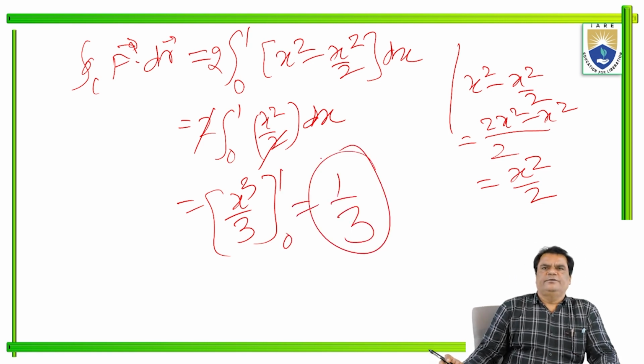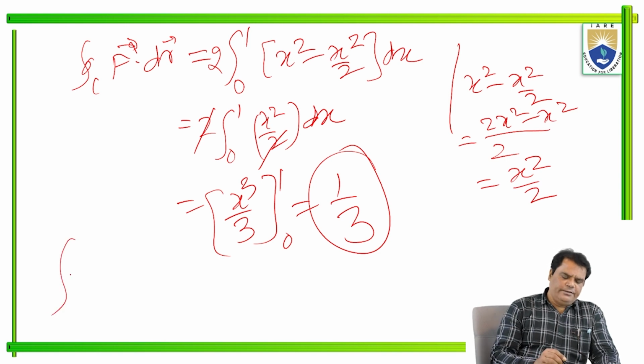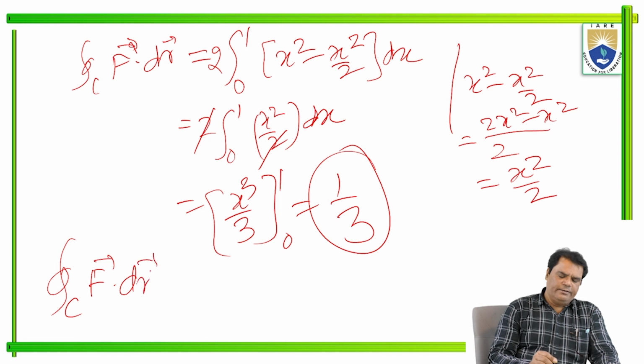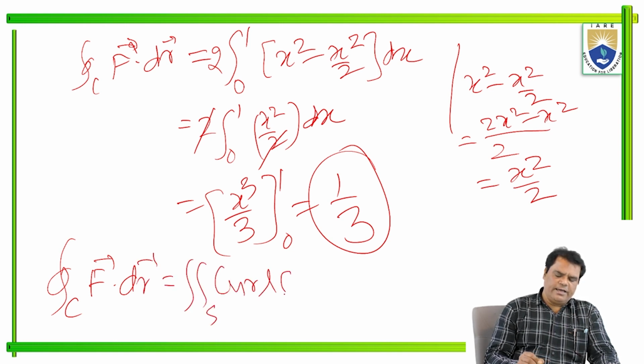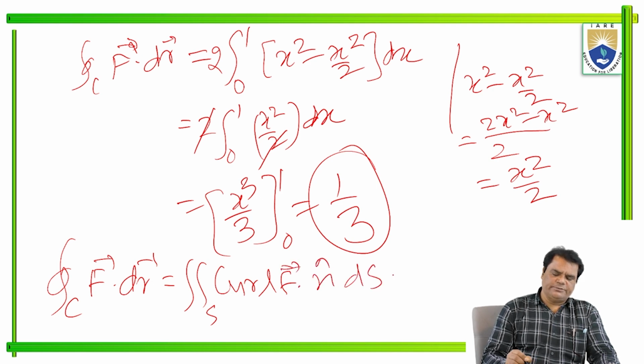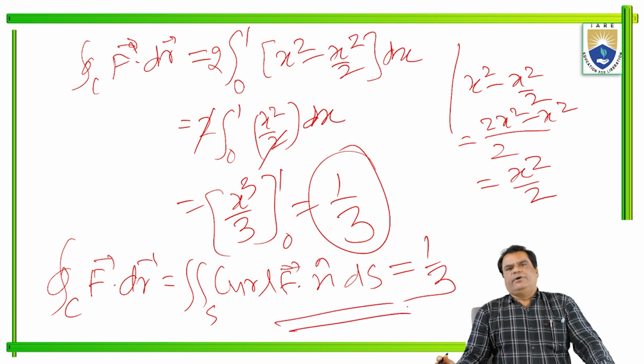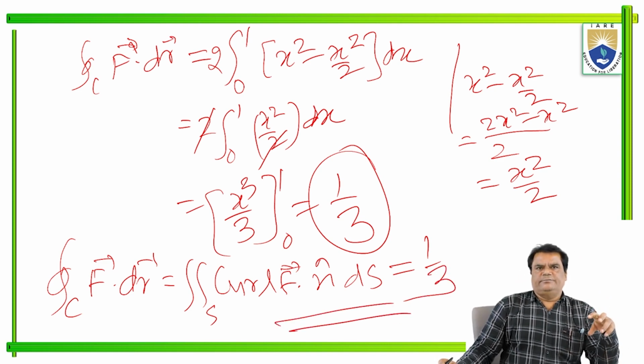Okay. So now integration over C of F dot dr vector equals double integration over S of curl F vector dot n vector and dS, which equals 1 by 3. This is the value calculated by the line integral, which is given in our question.